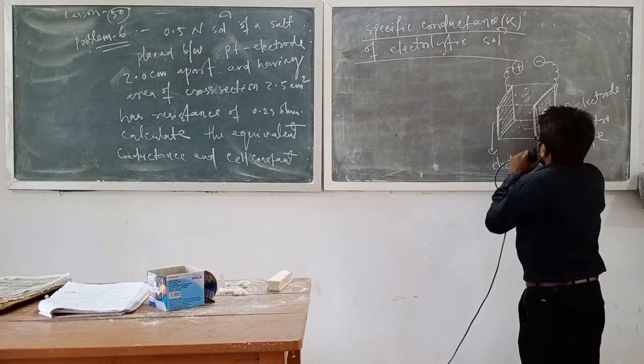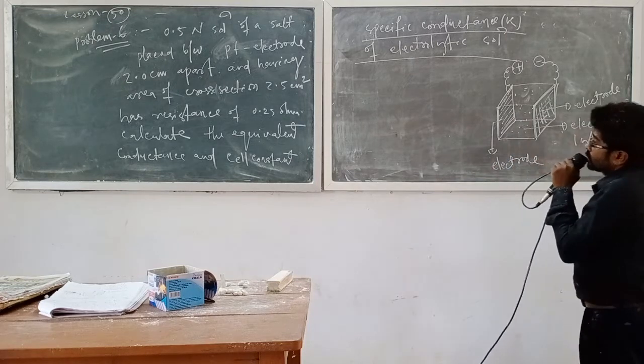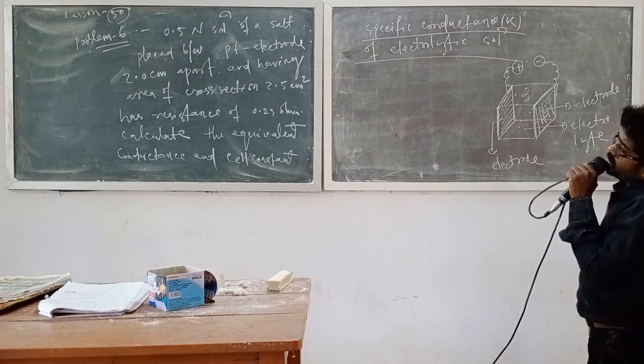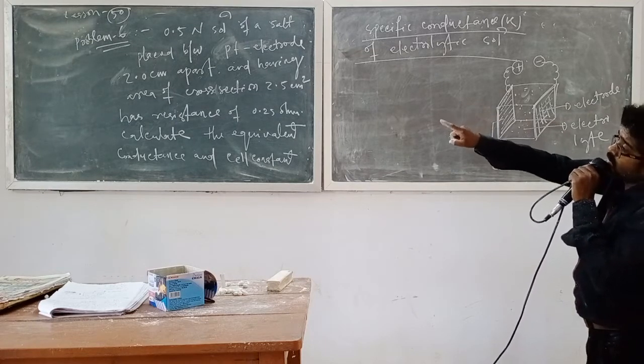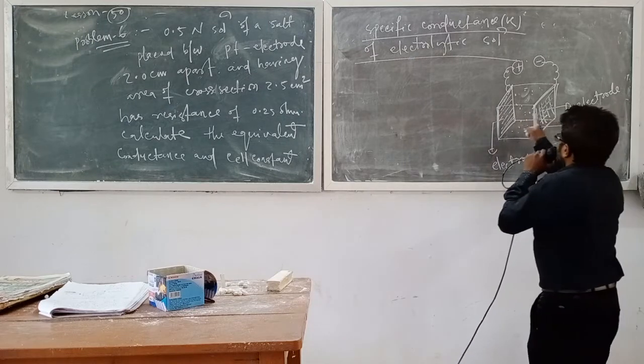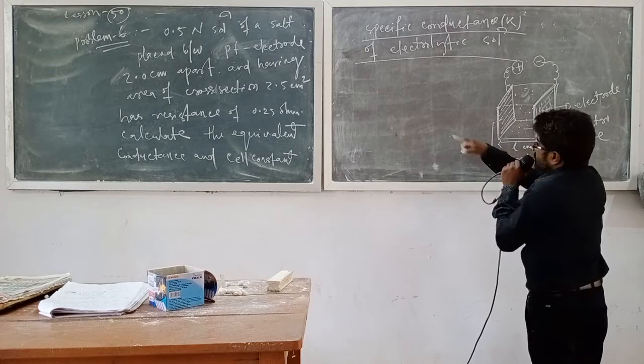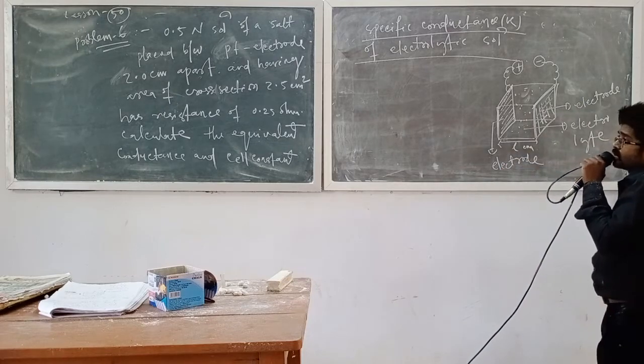Suppose these two platinum electrodes are placed a distance L cm apart; the question gives 0.2 cm.